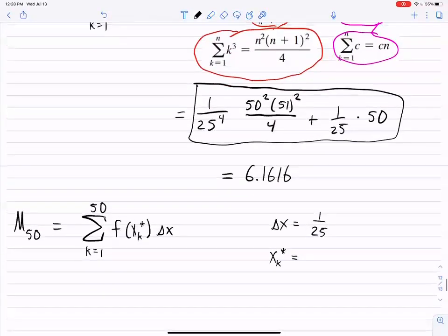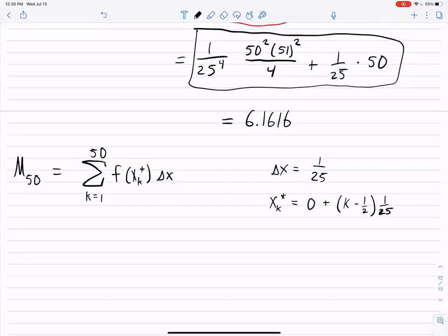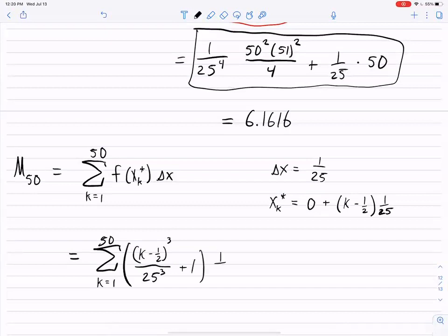So it will be 0 plus k minus 1/2, times 1 over 25. Plugging that in, this is equal to the sum from k equals 1 to 50 of k minus 1/2 to the third over 25 to the third plus 1, times 1 over 25. And so that's the answer.